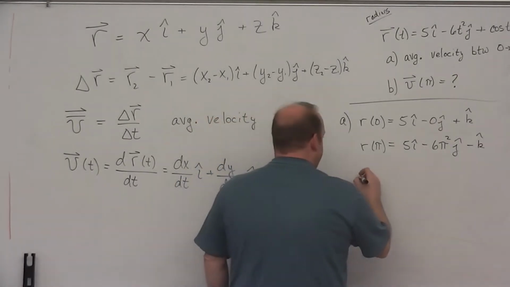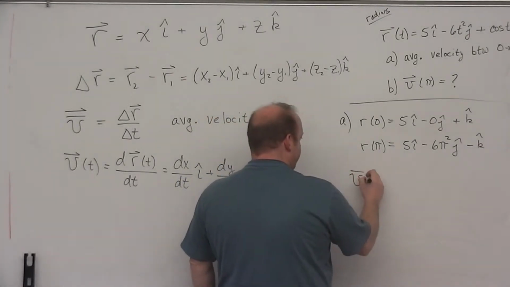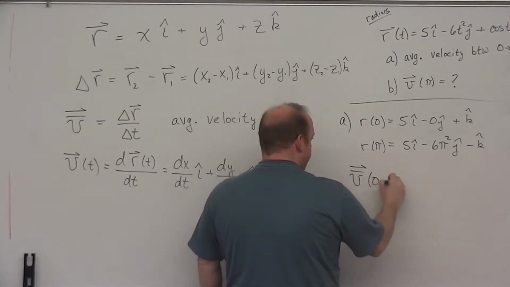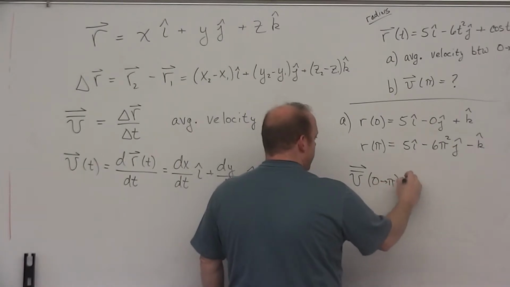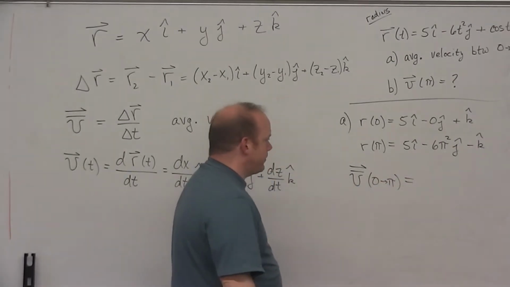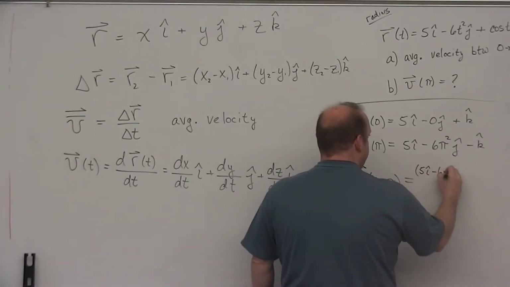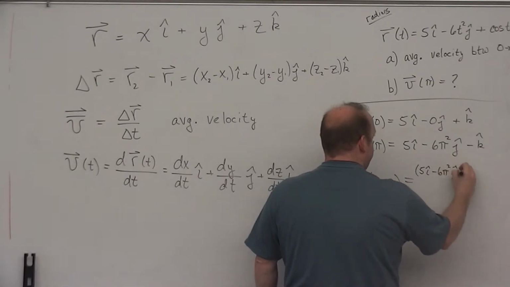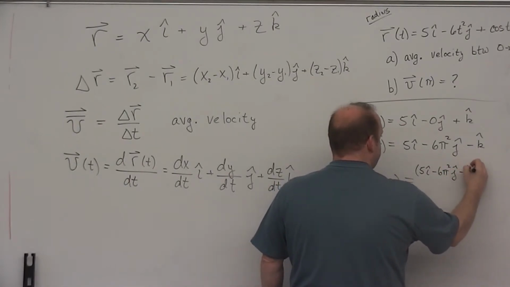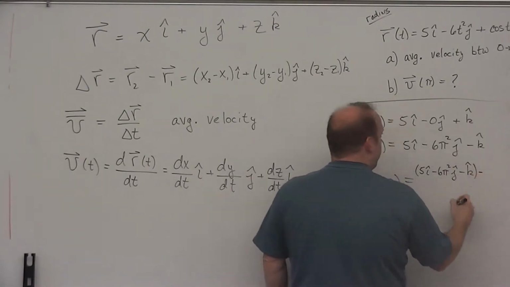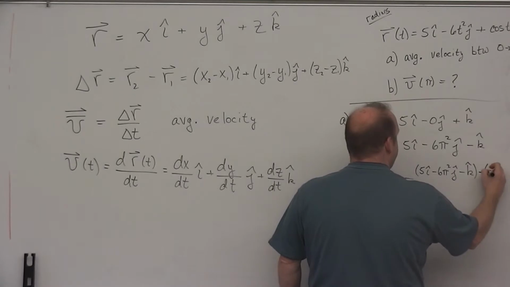So now, my average velocity, v bar, between 0 and pi is equal to 5 i hat minus 6 pi squared j hat minus k hat, minus 5 i hat.